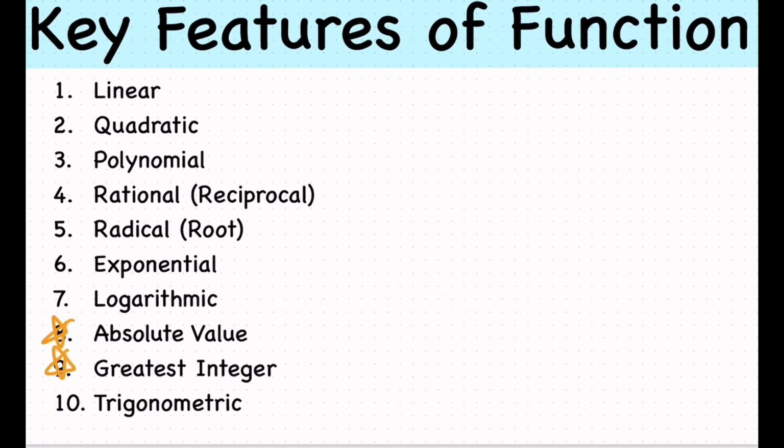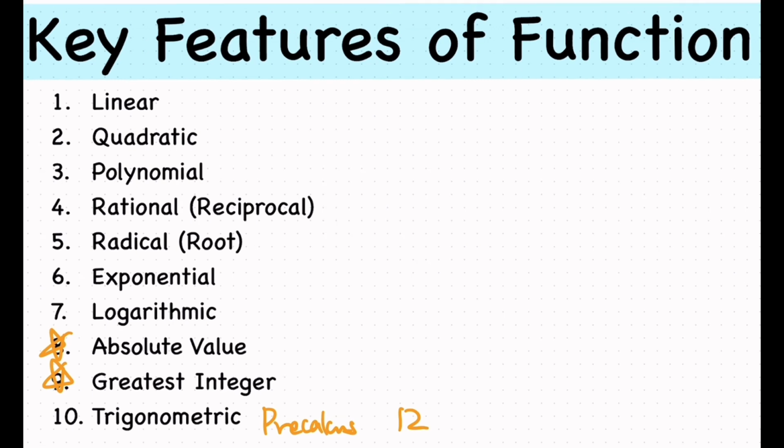And then the next is trigonometric functions that you learn in pre-calculus: sine, cosine, tangent, and then we also have secant, cosecant, cotangent, and we also have the inverse trigonometric functions. So there are 12 different types of trigonometric functions in total that you need to learn. And absolute value functions and greatest integer functions are something that you don't see that often, but still they are considered important.